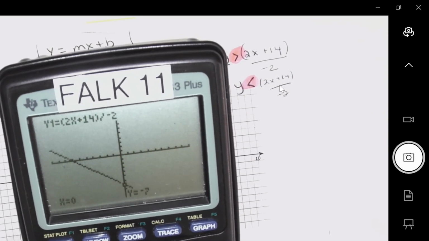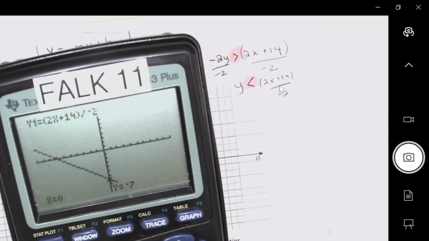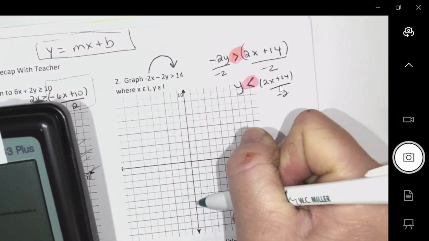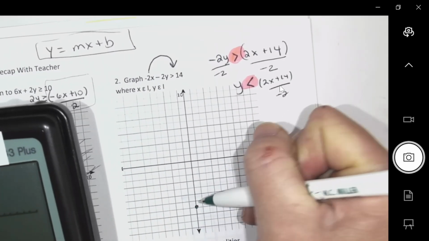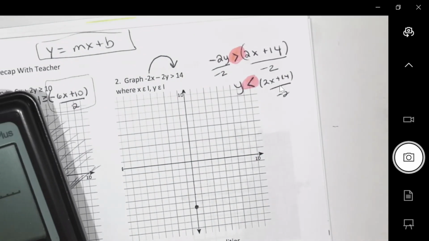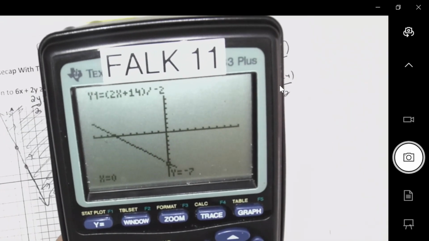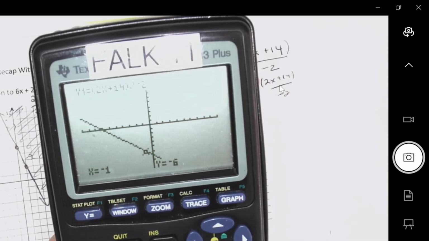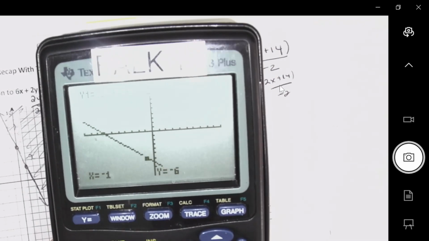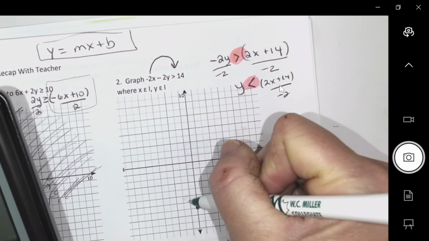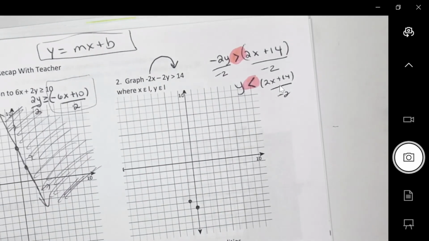So trace, okay, 0, -7. Now I can find, I don't know, -1, comma, -6. So there's 2 points. That shows me where it's heading.